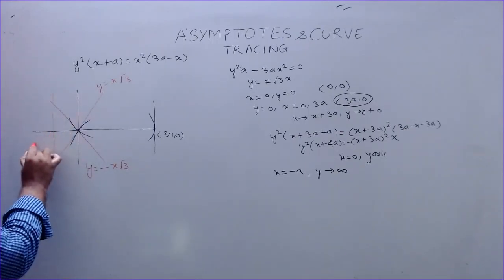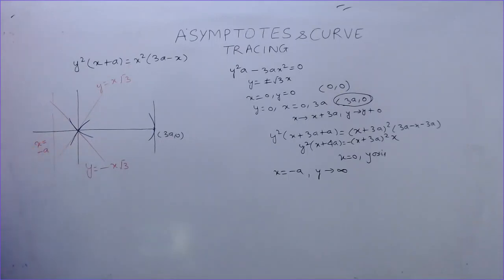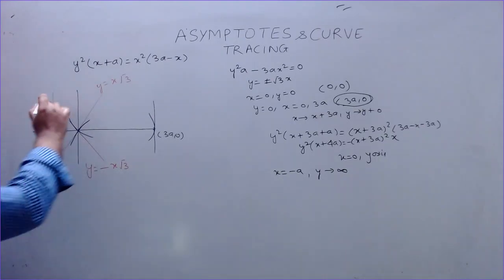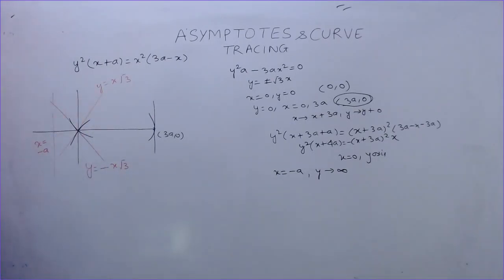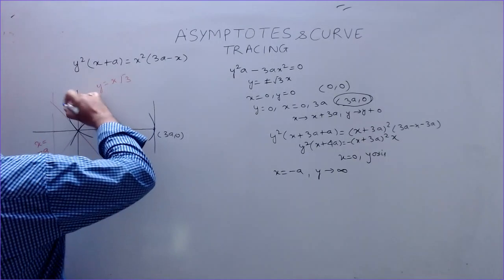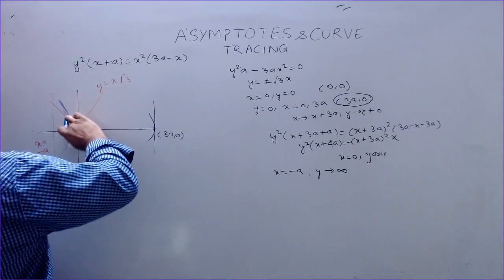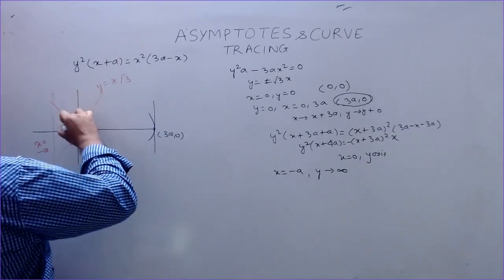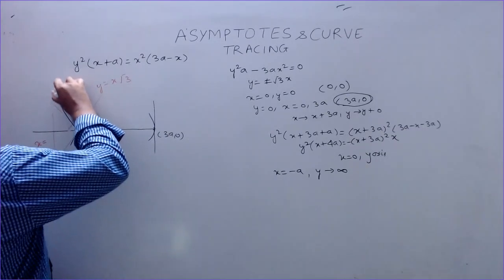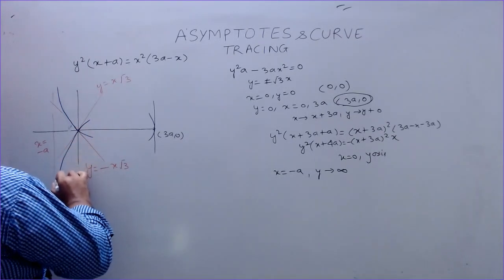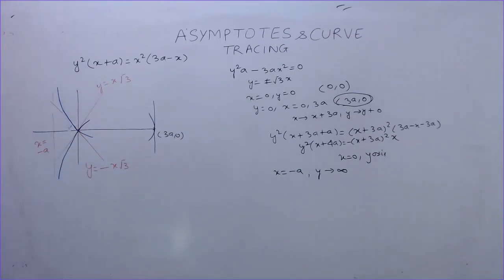This is x equal to minus a. So the curve is not touching this because x can never be equal to minus a. So x equal to minus a will be an asymptote to this curve.